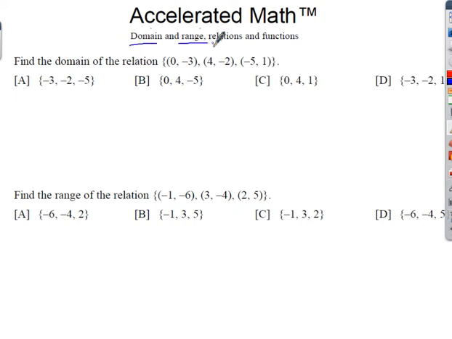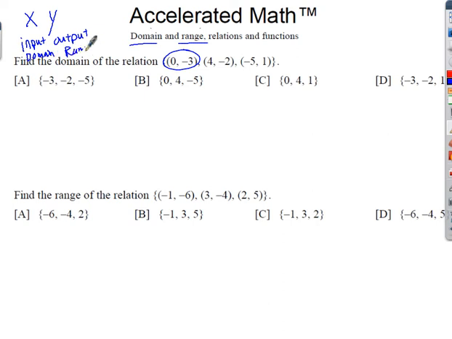Now you guys, when you first learned about plotting coordinates, because you can see that's basically what these are, x went first and y was next. You also may have learned it as input and output. And now we're talking about domain and range.